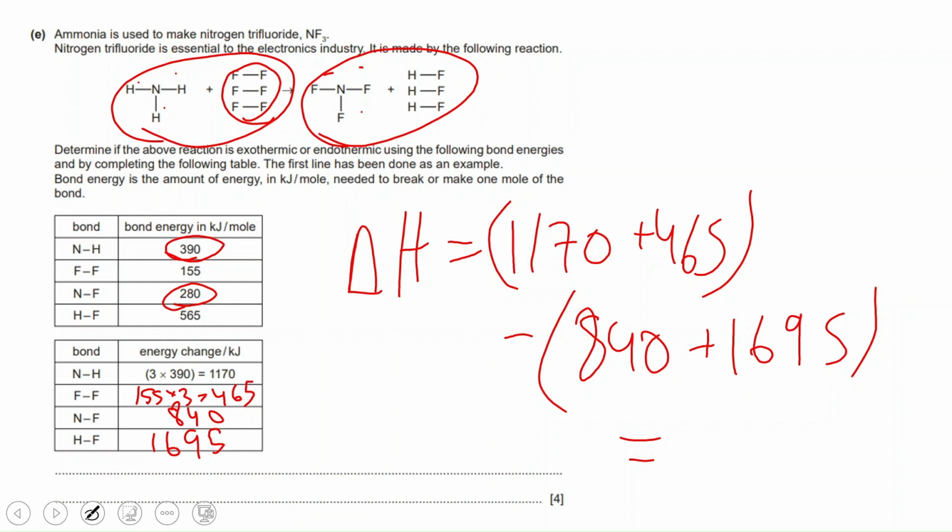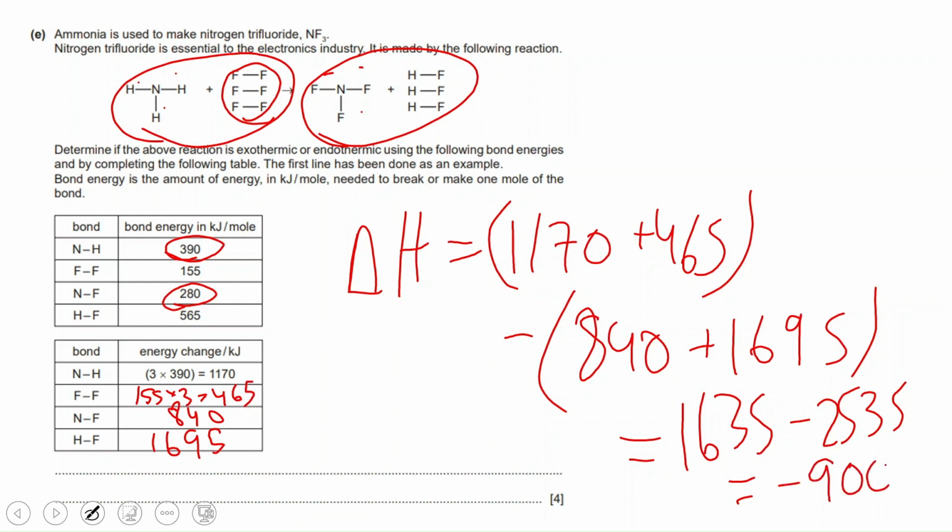And this is going to be what? 1170 plus 465 is 1635 kilojoules per mole, or just kilojoules, minus 840 plus 1695, which is 2535. This is going to be minus 900 kilojoules per mole.